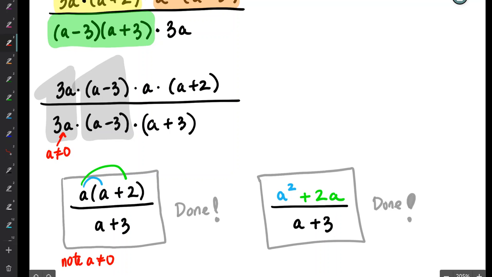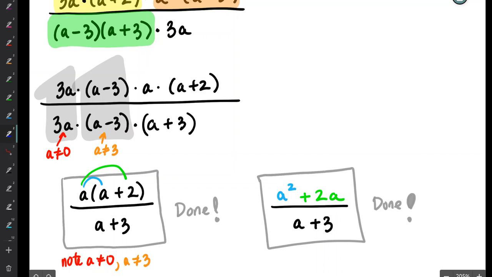A can't be 0. Also, we removed this factor when we acknowledged this times 1, right? So here, a can't be positive 3. A cannot be positive 3.